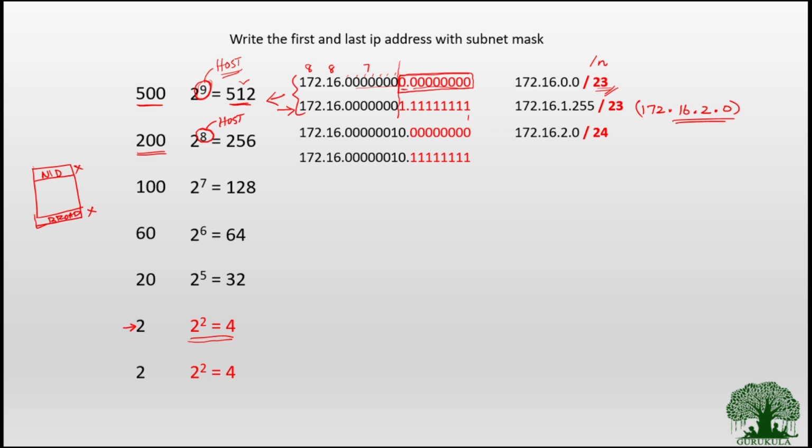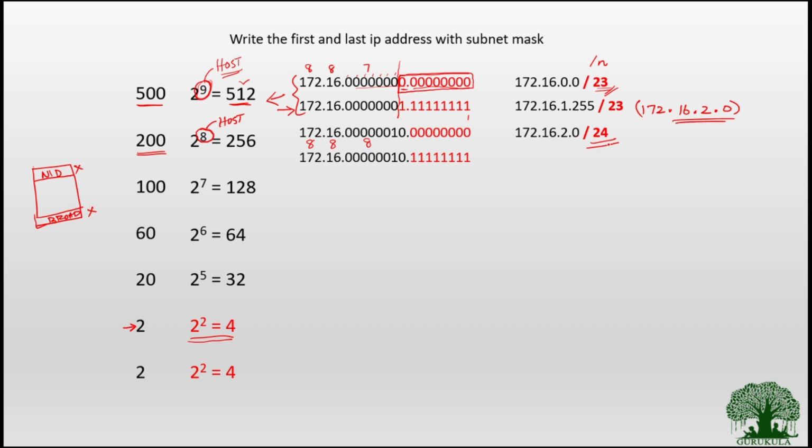So this time if you convert this into decimal, what you will get is 172.16.2.0, and then /24. You can observe that it has changed to /24. How is it 24? This 24 represents the number of bits allocated to represent the network part. Here it is 8 bits, here it is 8 bits, and here it is again 8 bits.